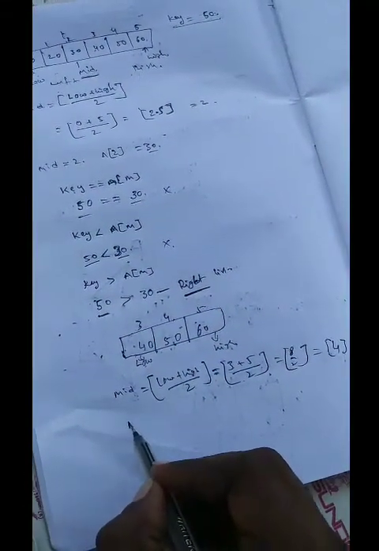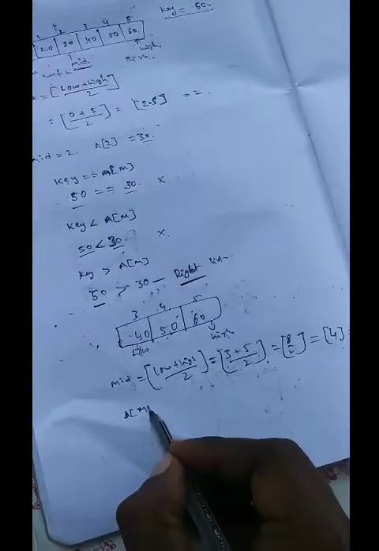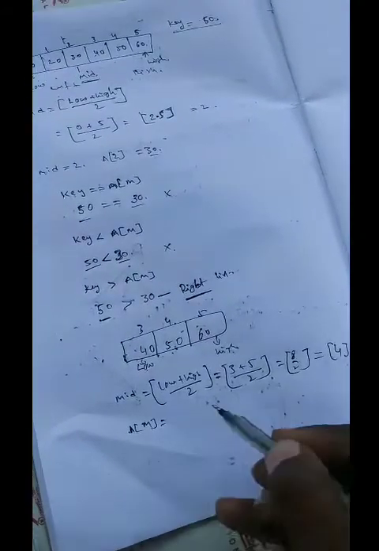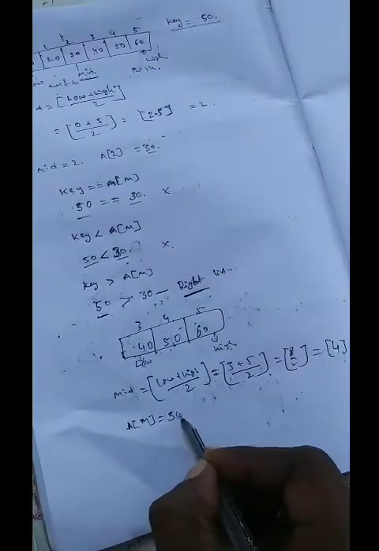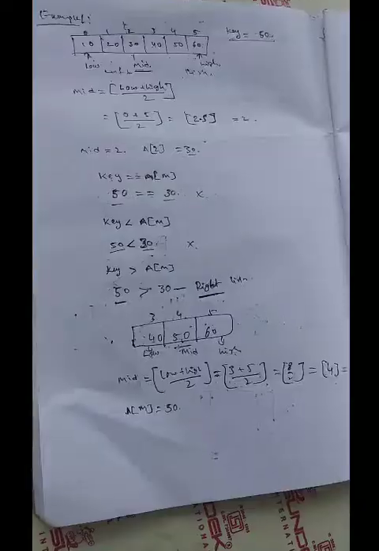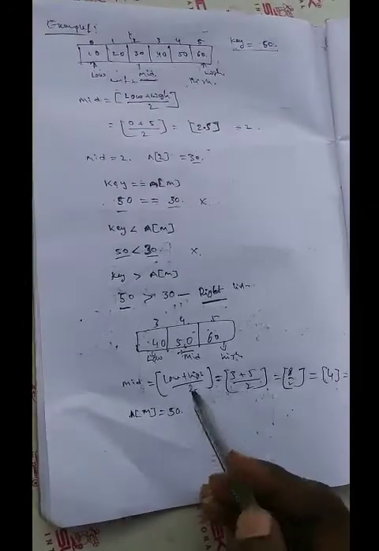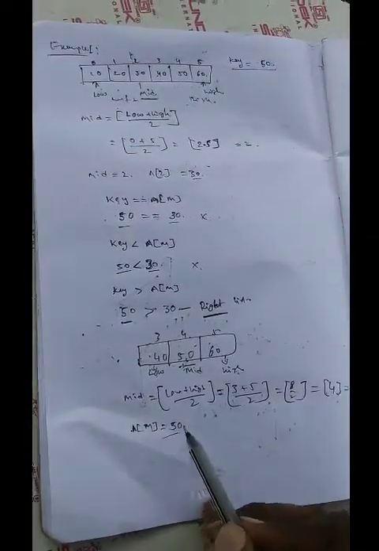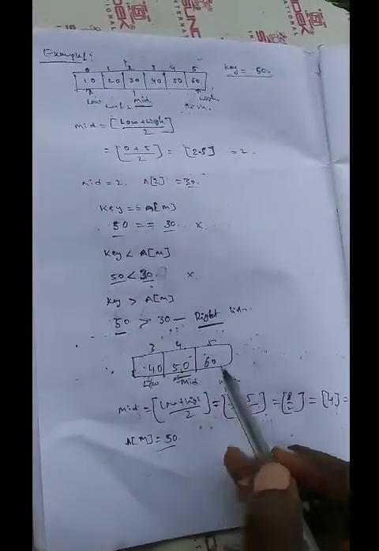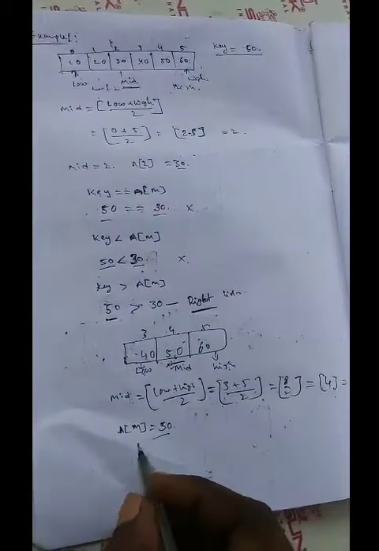That is, A of mid is 50, the fourth element is 50. So this is the middle element, 50. Now we check the conditions.